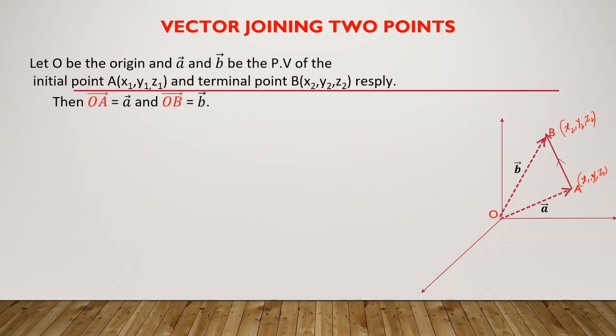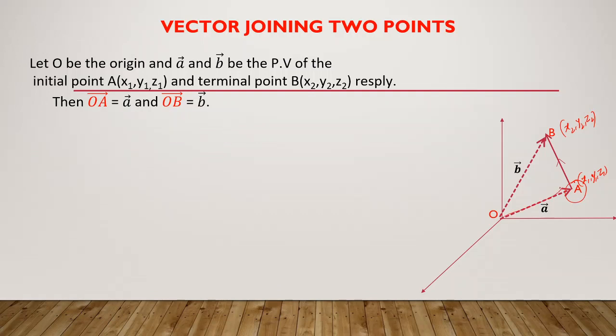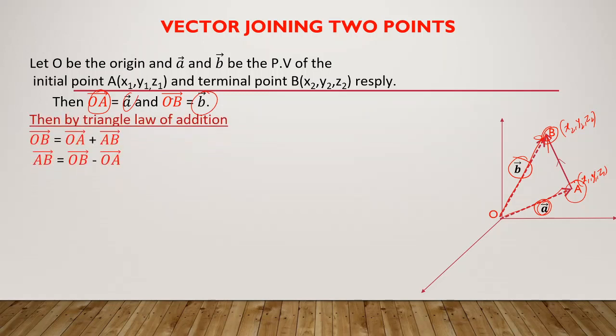The position vector of point A is OA, or you can also take it as vector A. Similarly, the position vector of point B is vector OB or vector B. These both are position vectors.